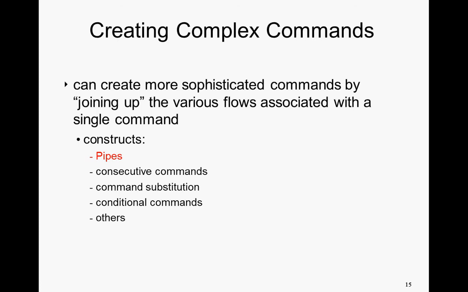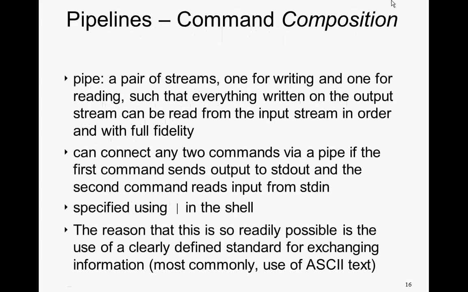We can use those to create more sophisticated commands by joining up a variety of flows. So we have commands for various components, and we compose them together, say by input from one flowing into another, in various ways. And actually, we've seen one of these ways, pipes, that we'll review very briefly, but there's a variety of others I want to alert you to.